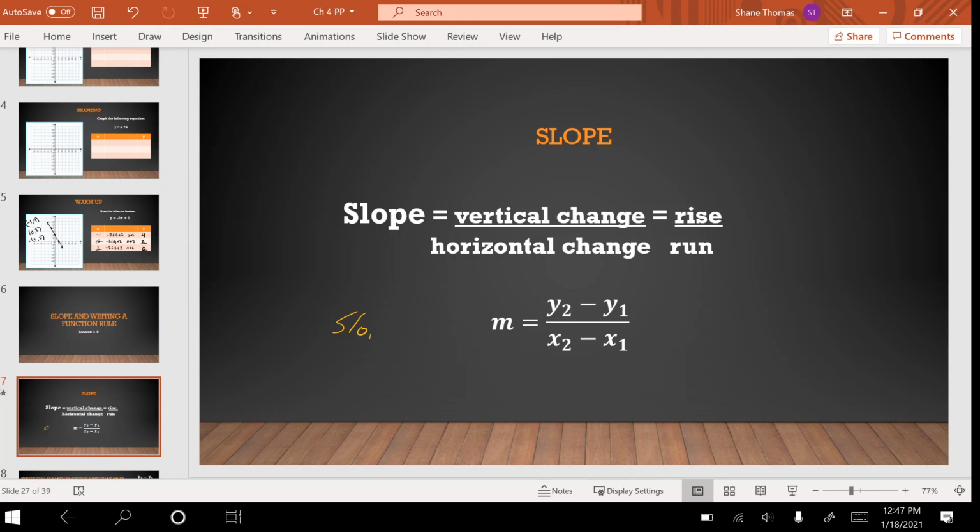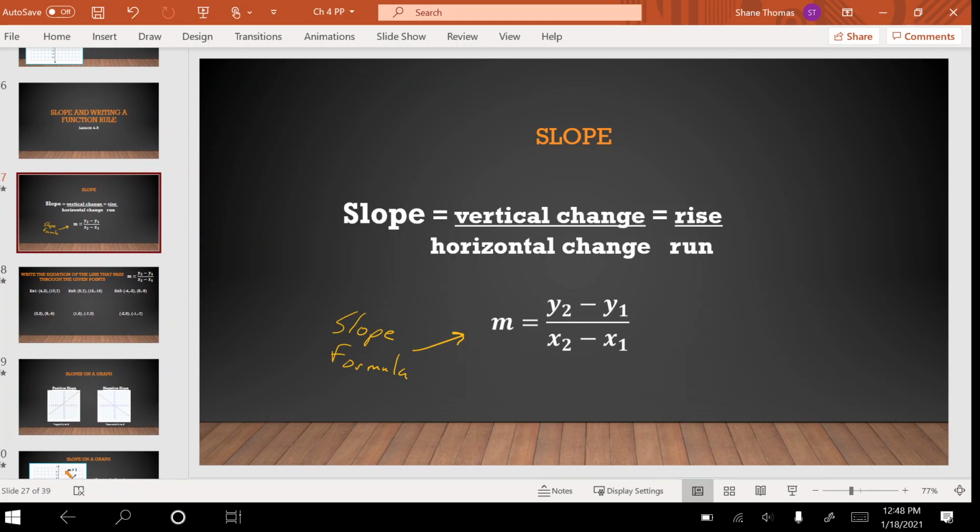So this one here is your slope formula. The top thing is a description of slope, the vertical change of your line over the horizontal change, also known as rise over run. So rise is how far up and down you go. Run is how far you go left and right. If I'm running forward or backward. If I'm rising, that means I'm standing up. So that's the definition of slope.